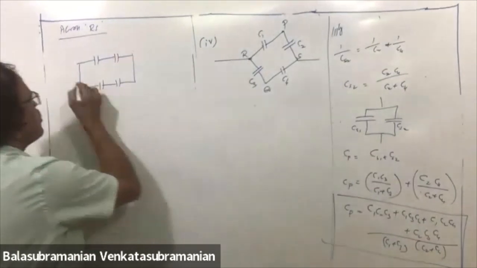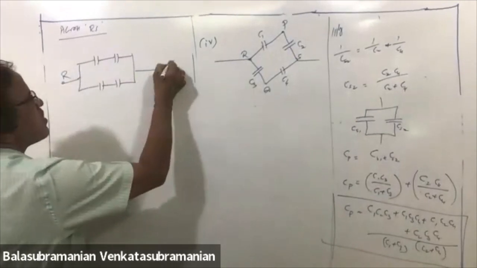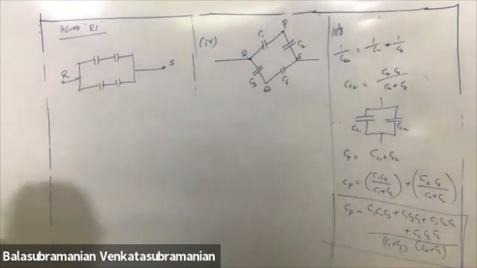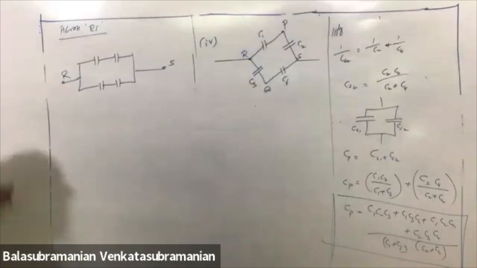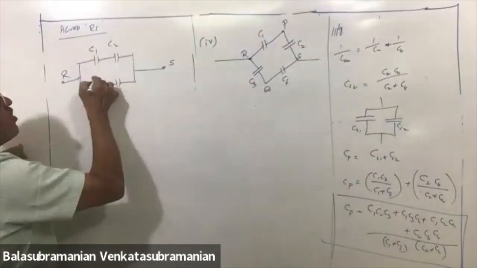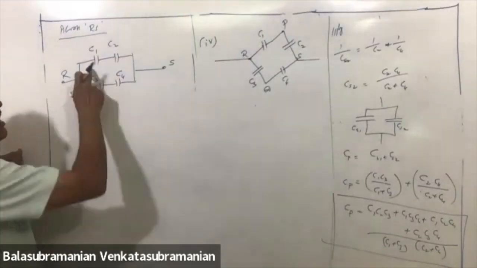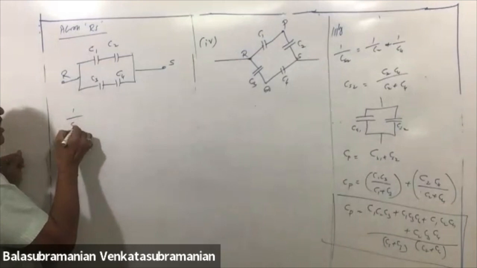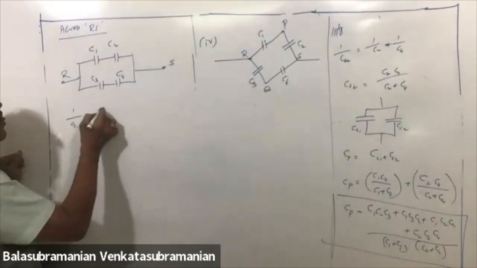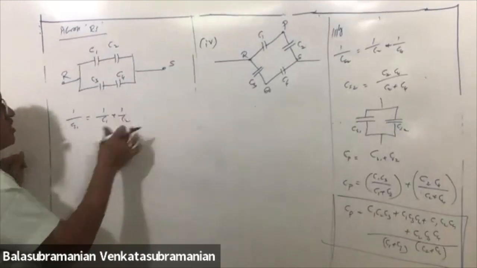C3 and C4 are also in series. This is R, this is S. In series, 1 by CS1 dash is 1 by C1 plus 1 by C2.